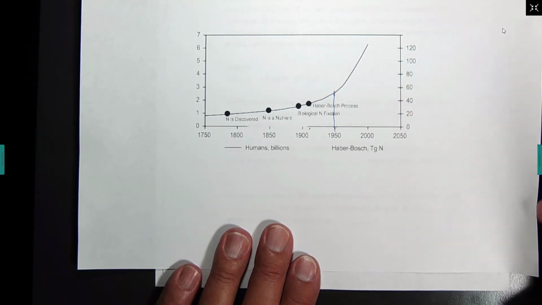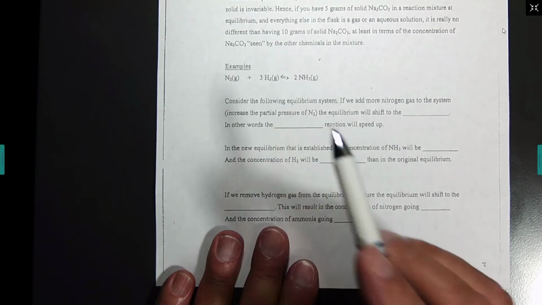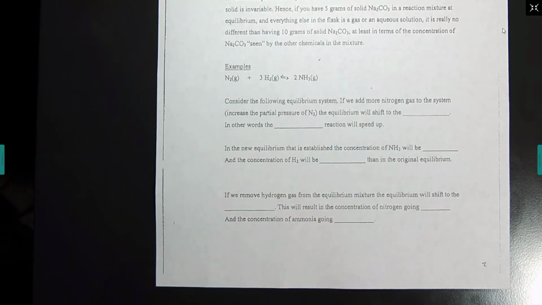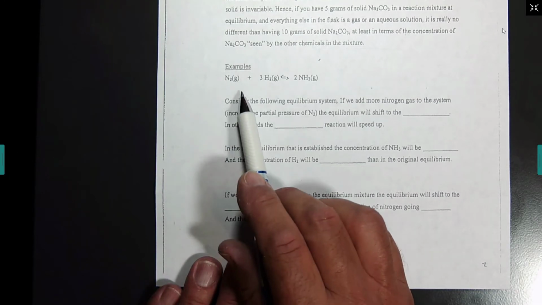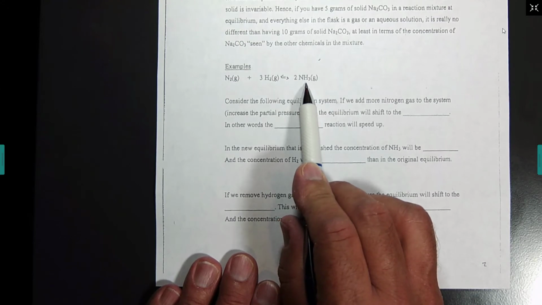Most of us would not be alive if it weren't for this reaction. It's absolutely amazing. About 2% of the world's energy production, 2% of all the energy we use in the world goes into making this one product, because this product turns into food.